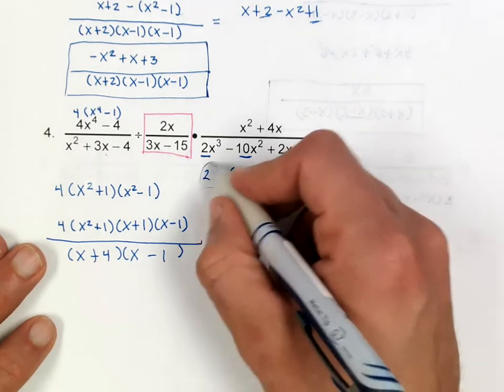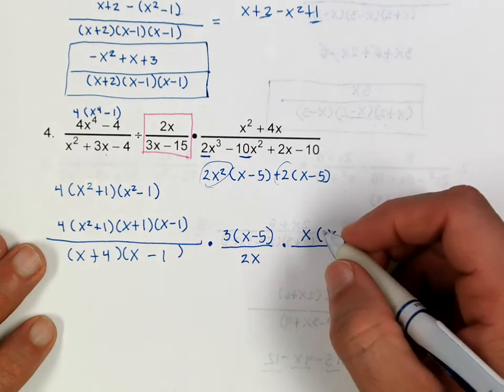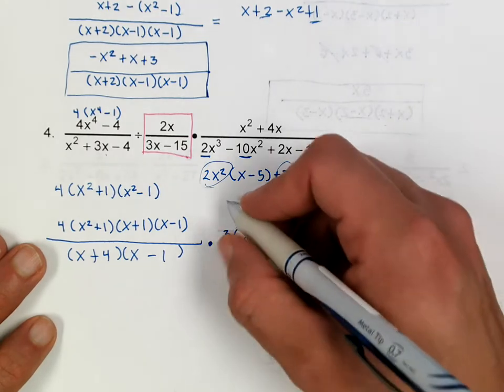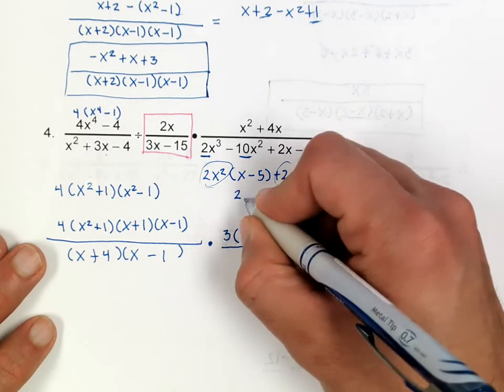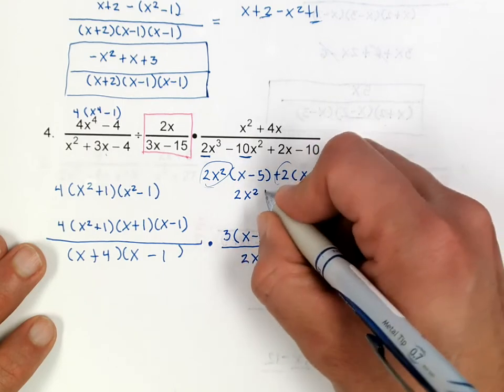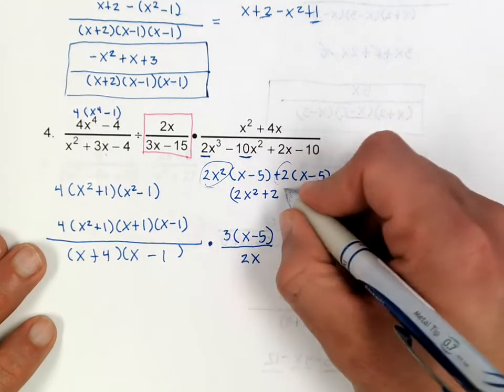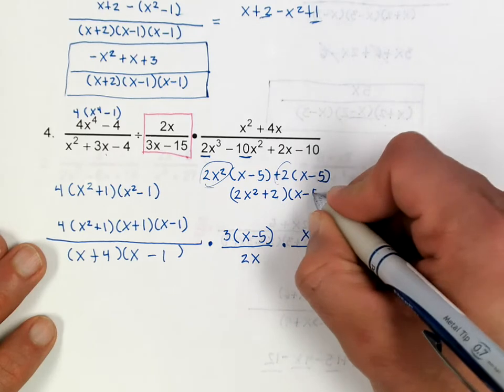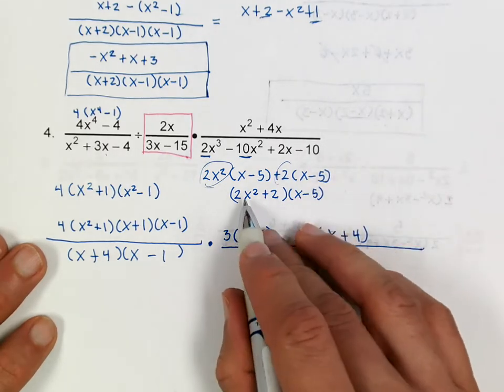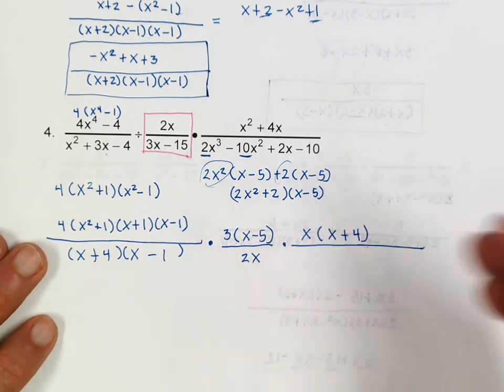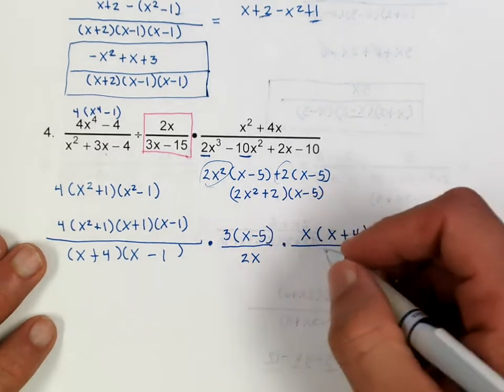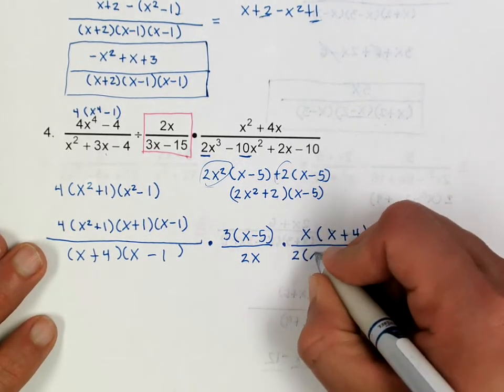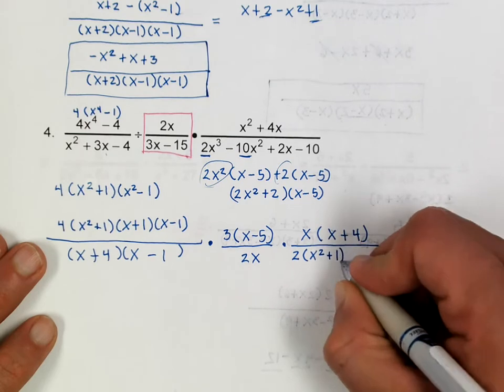I write both of those together: 2x squared plus 2 times x minus 5. But then I noticed something. What's the common factor between those two? It's actually a 2, so I can factor that out. So we have 2 times x squared plus 1 times x minus 5.